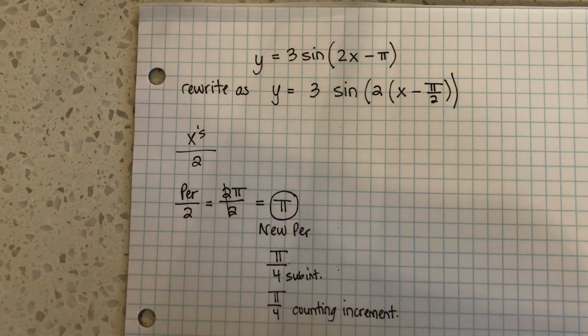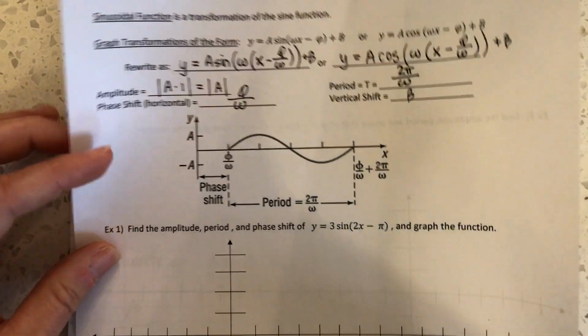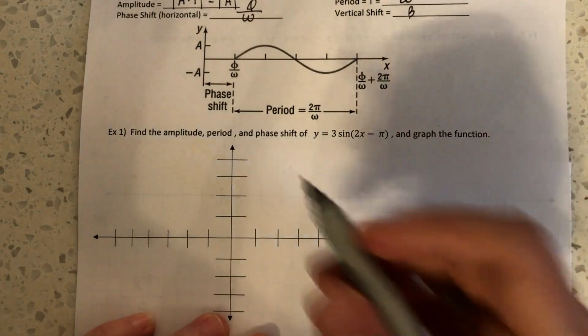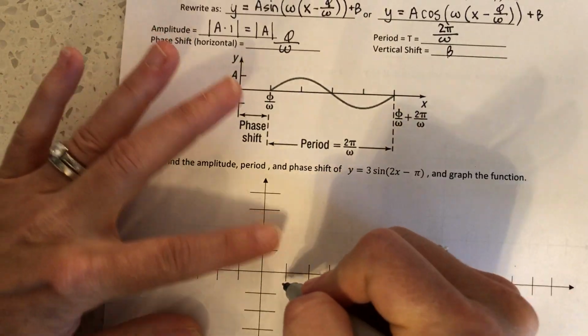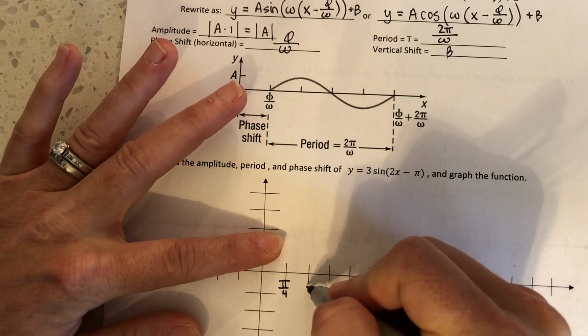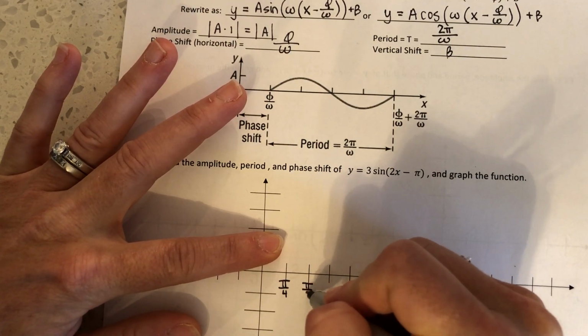Okay, so if you wanted to, you could go to your graph right now and start counting along your x-axis by increments of pi over 4. So watch this. This would be 1 pi over 4. 2 pi over 4 reduces to pi over 2.